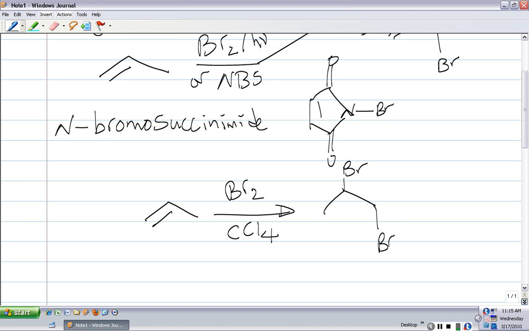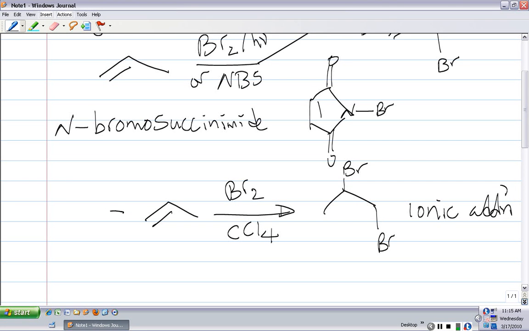And this essentially is an addition reaction involving charged particles. So we make the bromonium ion that gets attacked by bromide. We're doing ionic chemistry, which leads to the overall addition. So this is ionic addition of bromine to the alkene.